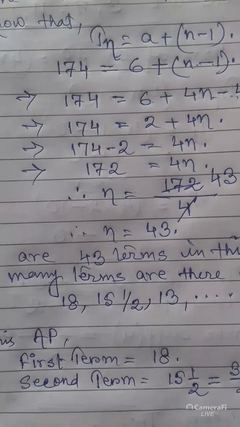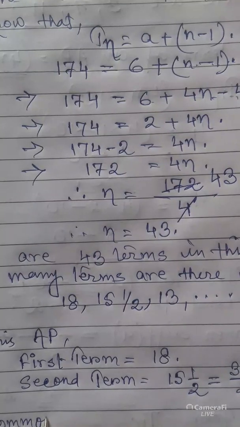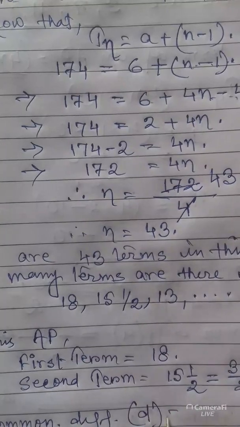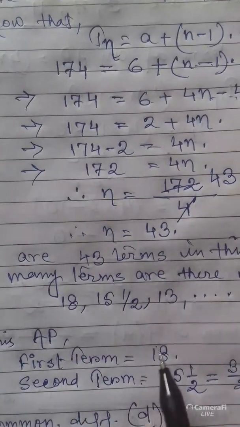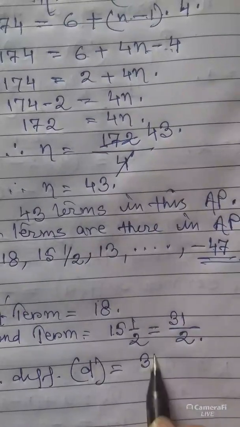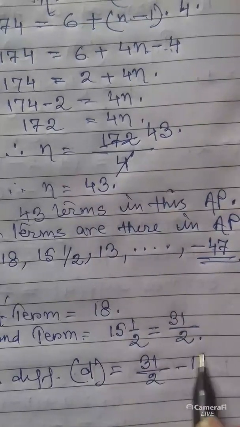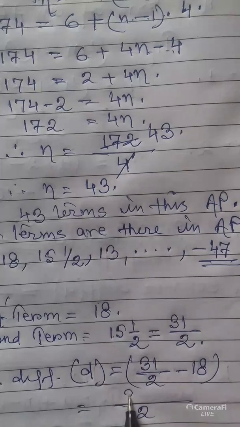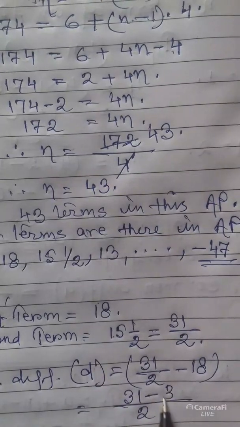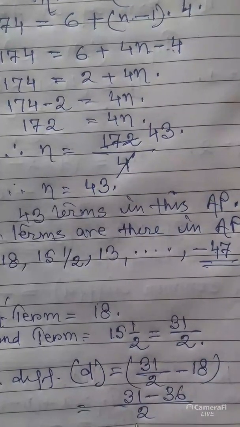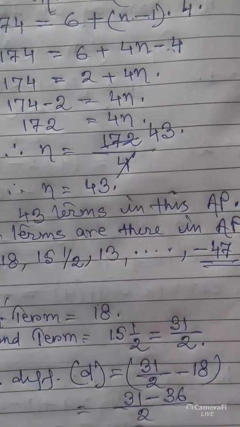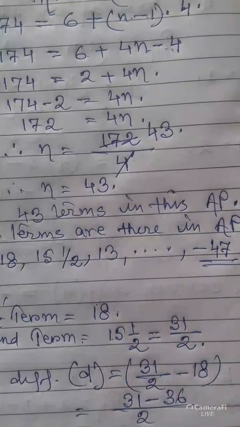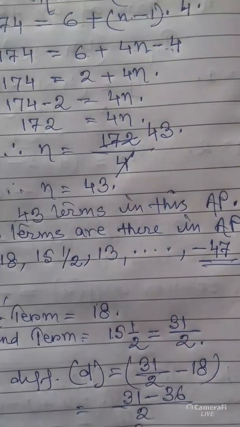Therefore, we have to find the common difference. Common difference D equal to second term minus first term. So 31 by 2 minus 18. Now LCM 2, 31 minus 36 means minus 5 by 2 is the common difference.